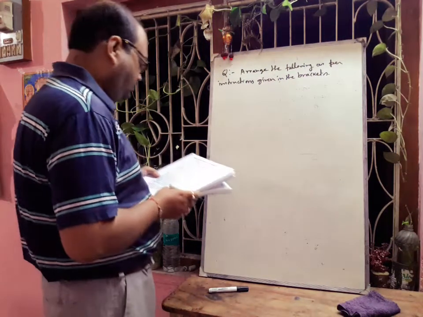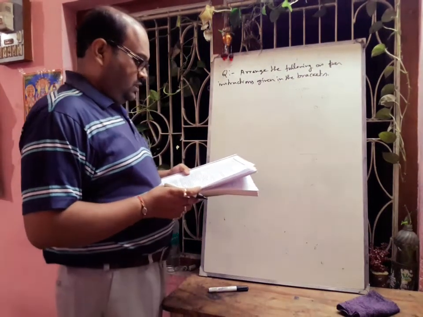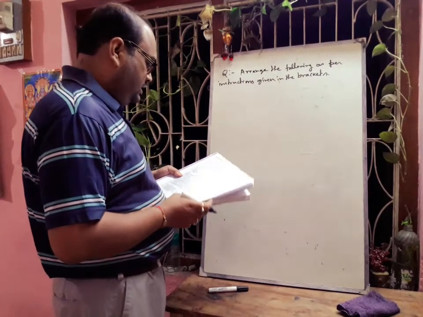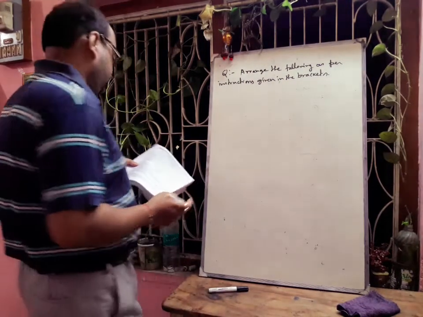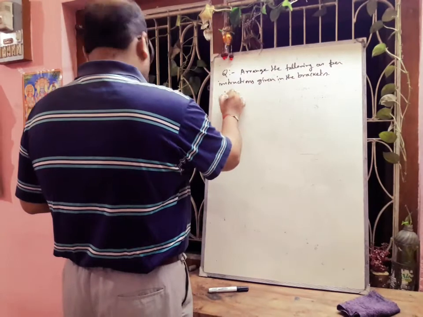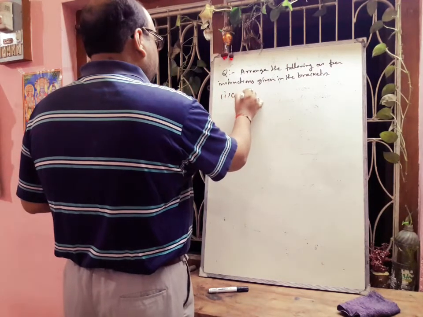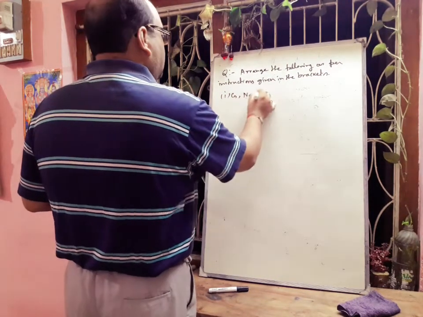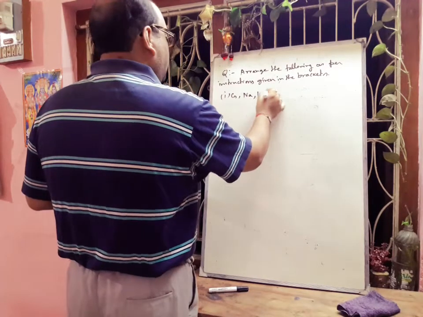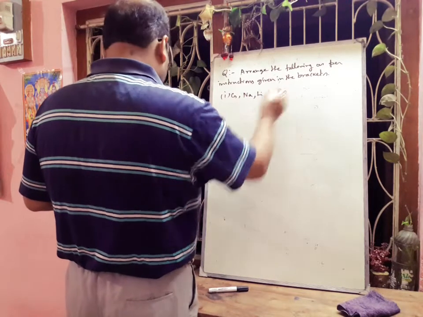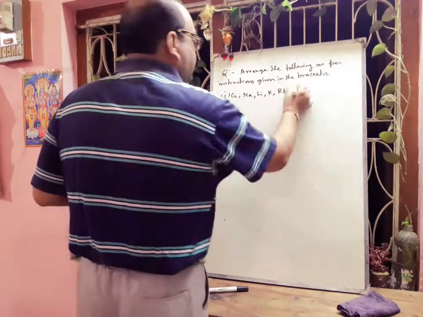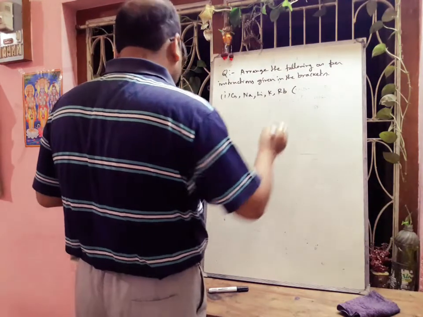Here the questions are given. 1. Cesium, sodium, lithium, potassium and rubidium. In the bracket it is given: increasing order of metallic character.